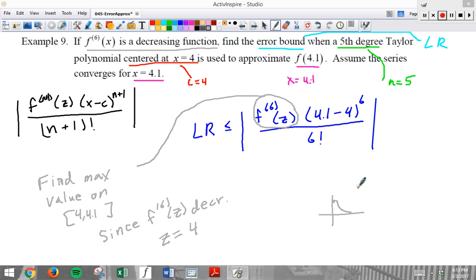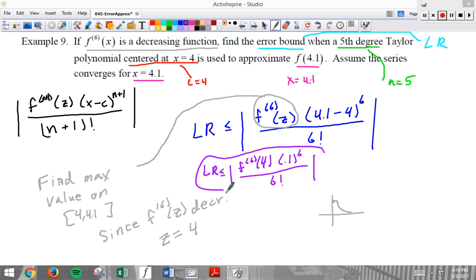Yes? Yes. So we'll rewrite this: Lagrange remainder less than or equal to the absolute value of the sixth derivative at 4, times 0.1 to the 6, over 6 factorial. I can't find the value of that because I don't know what this function is, but that's the formula for it. If some crazy person told you what this value was, you could punch this in a calculator and find it.